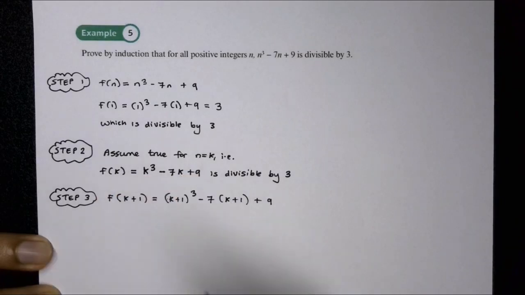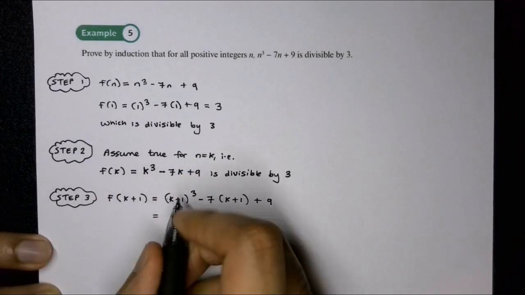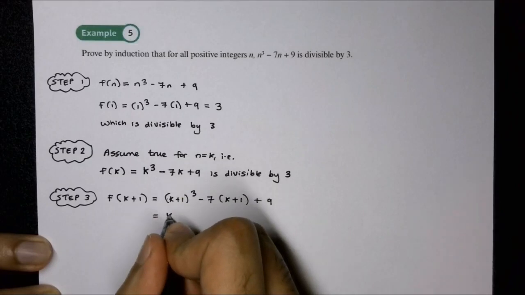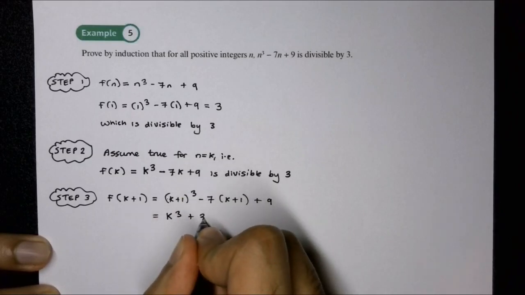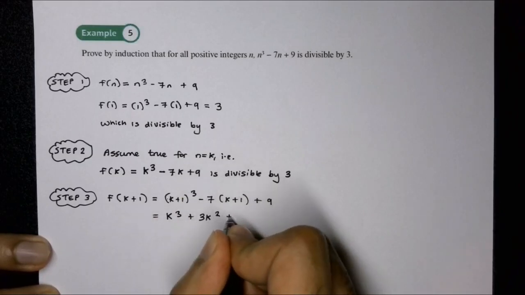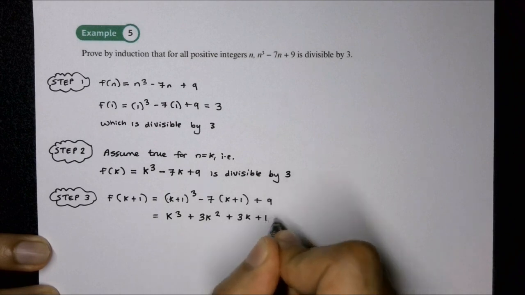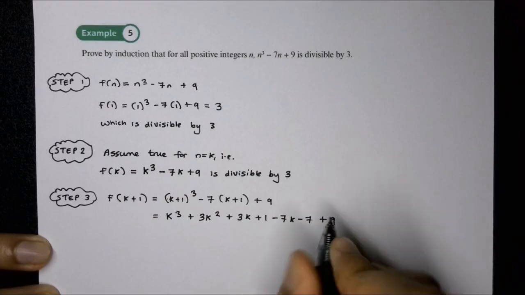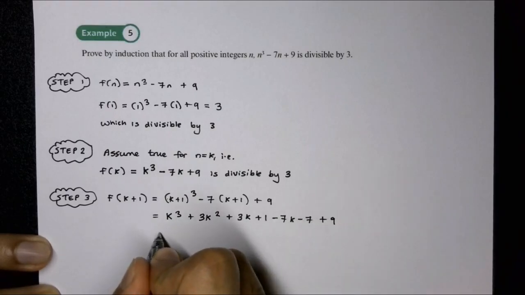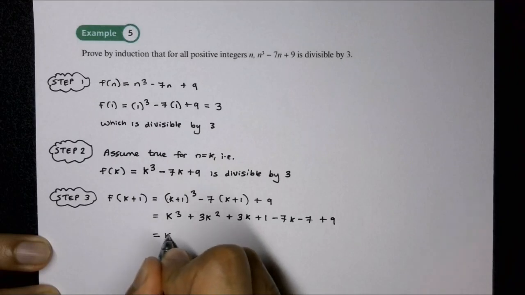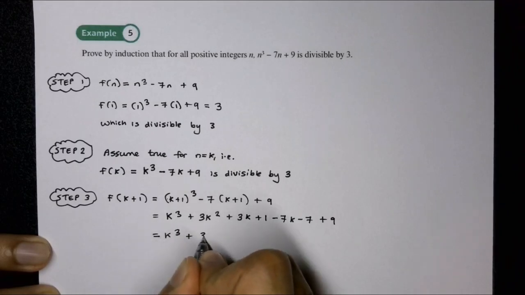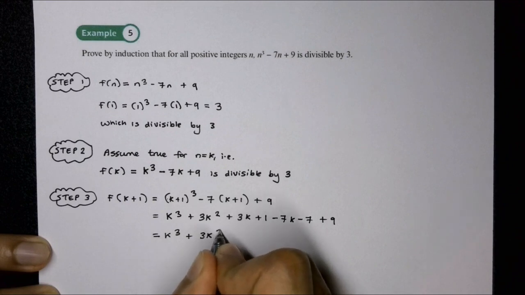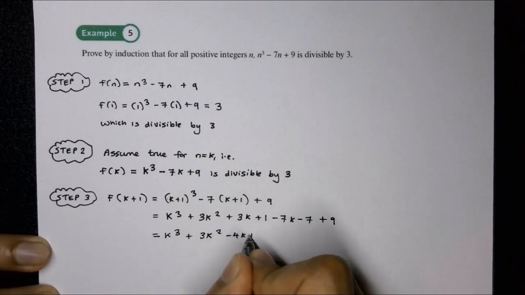So let's expand the k plus 1 all cubed. We get k cubed plus 3k squared plus 3k plus 1, and then we've got minus 7k minus 7 plus 9. So if we tidy all of this up, we get k cubed plus 3k squared minus 4k plus 3.